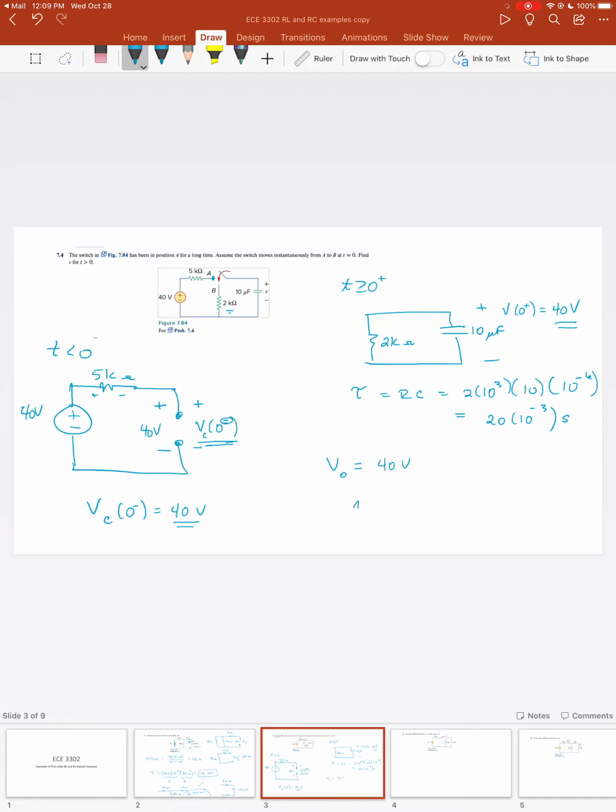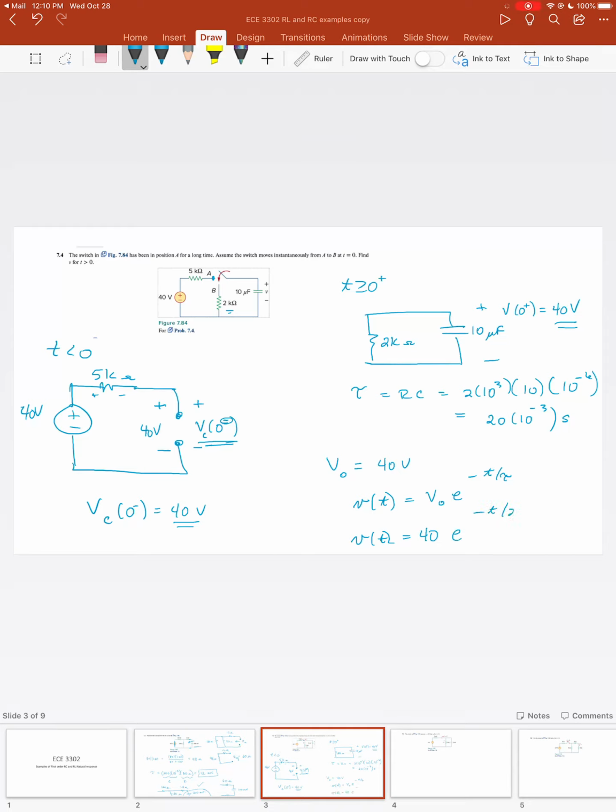Okay, V sub 0, which is the initial voltage, was 40 volts. So we know from our standard natural response of an RC circuit that V as a function of time is V sub 0 e to the minus t over tau. So we can just fill in the blanks.